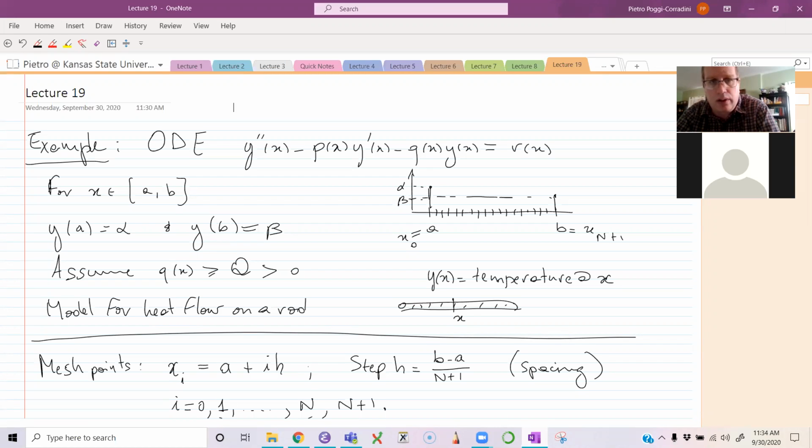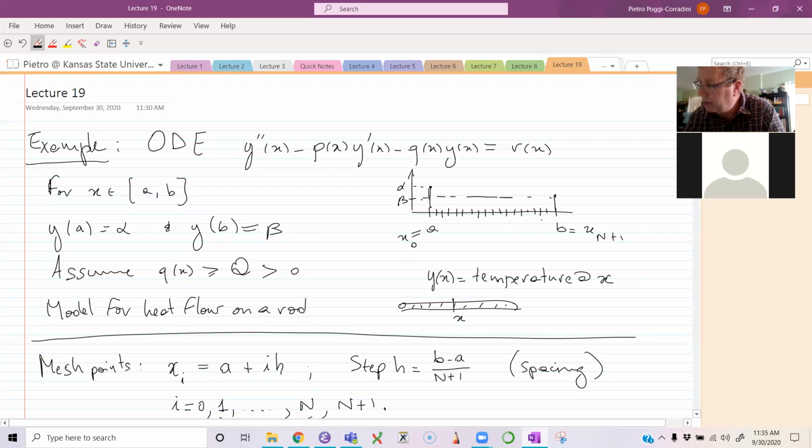We're looking at a second order ODE, y double prime minus py prime minus qy equals r on an interval from a to b. And we want to discretize this to numerically compute a solution.